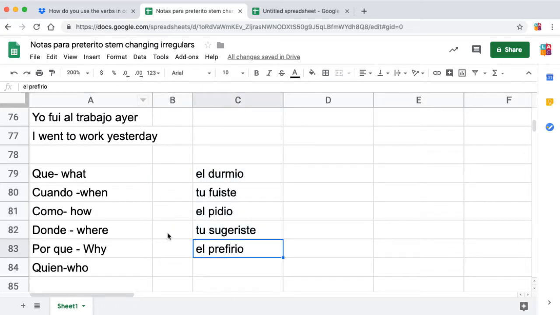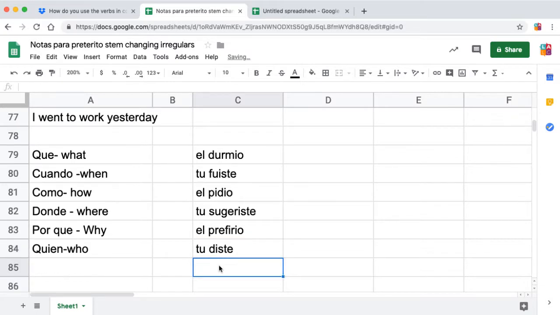And also here, I can add another one, durmió, what else we saw? Fuiste, pidió, and that's important, preferiste, sugeriste, dar, I forgot. So, tú diste, okay? So you see, for example, I can use one example like this.